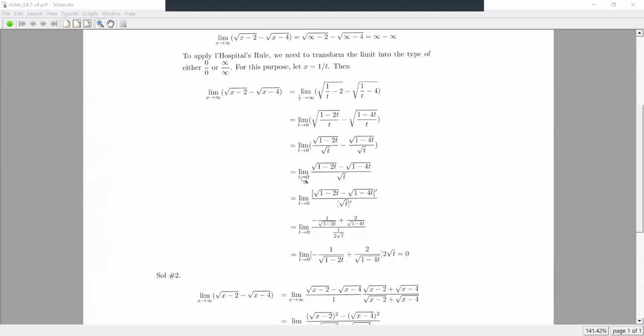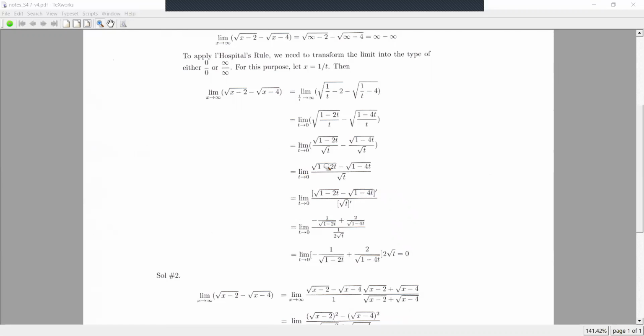Now, if you plug in 0 for t, then you will see that this limit is 0 over 0. This is an indeterminate limit. The type is 0 over 0. Now, I can apply L'Hopital's rule to this limit.